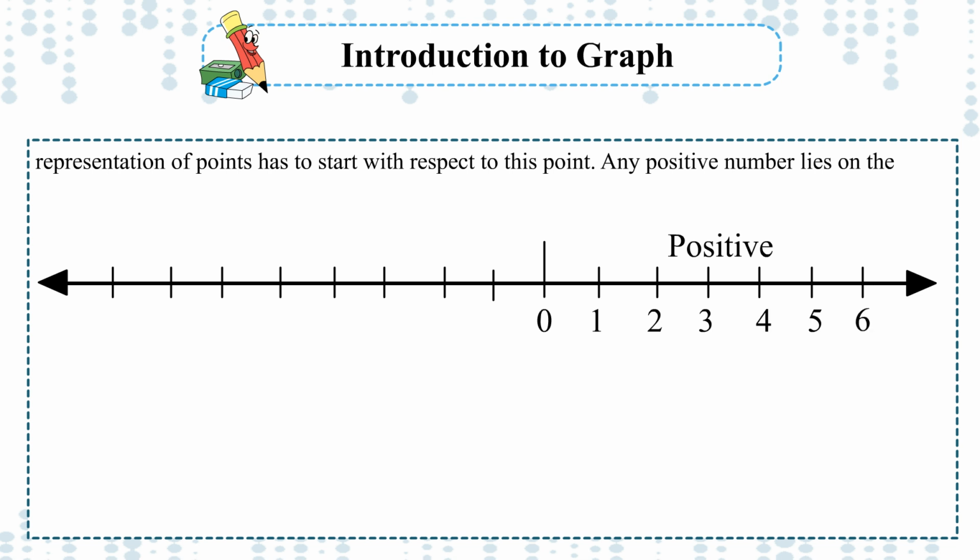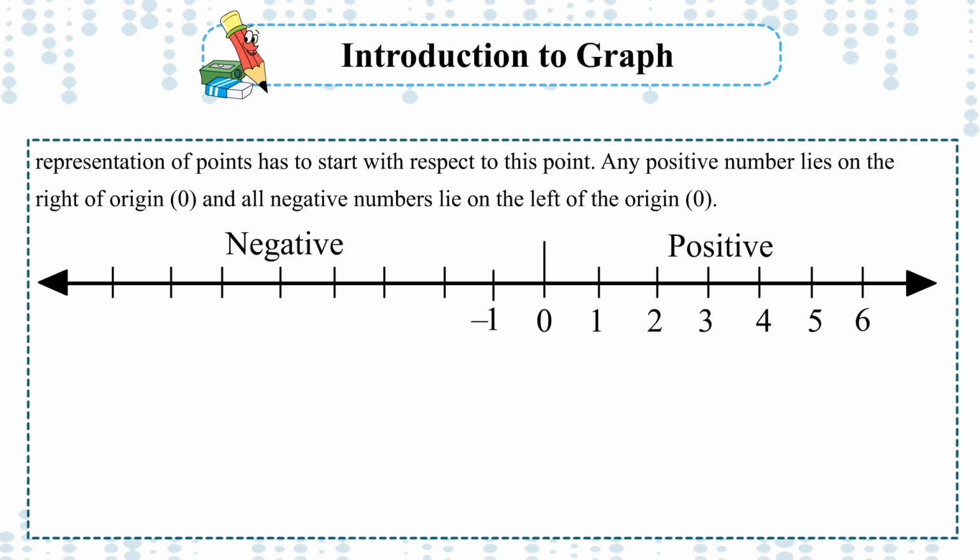Any positive number lies on the right of origin, 0, and all negative numbers lie on the left of the origin, 0. Positive: 0, 1, 2, 3, 4, 5, 6. Negative: -1, -2, -3, -4, -5, -6, -7.